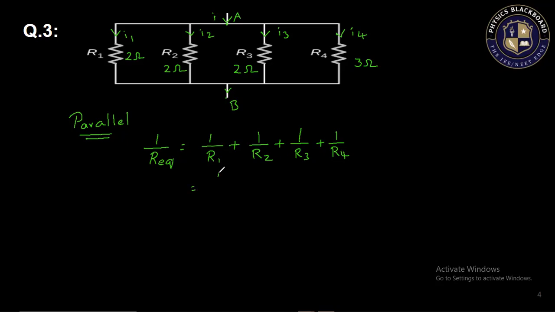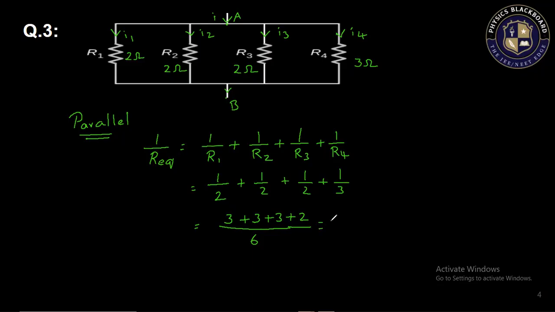Now, 1 by 2 plus 1 by 2 plus 1 by 2 plus 1 by 3. Now if you take the denominator for this, what will you get? 6. Numerator, what will you get? 3, 3, 3 plus 2.